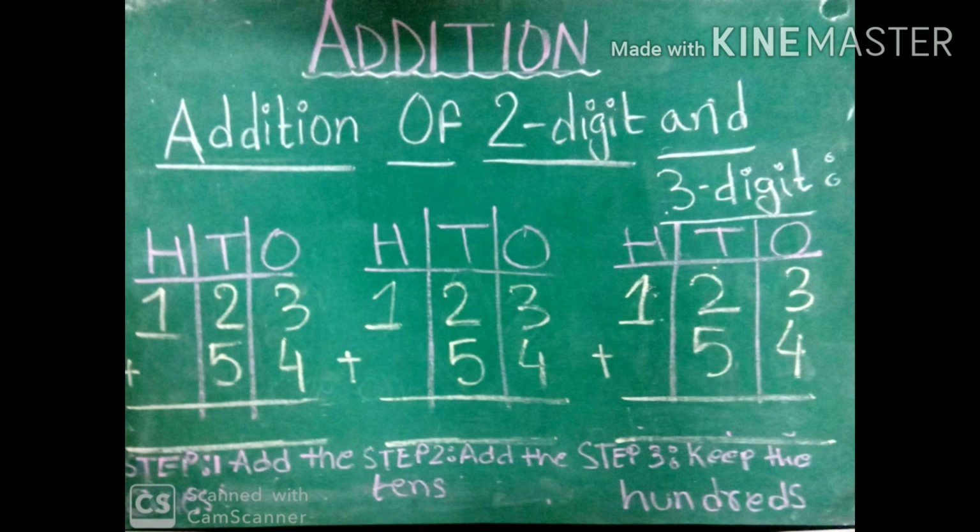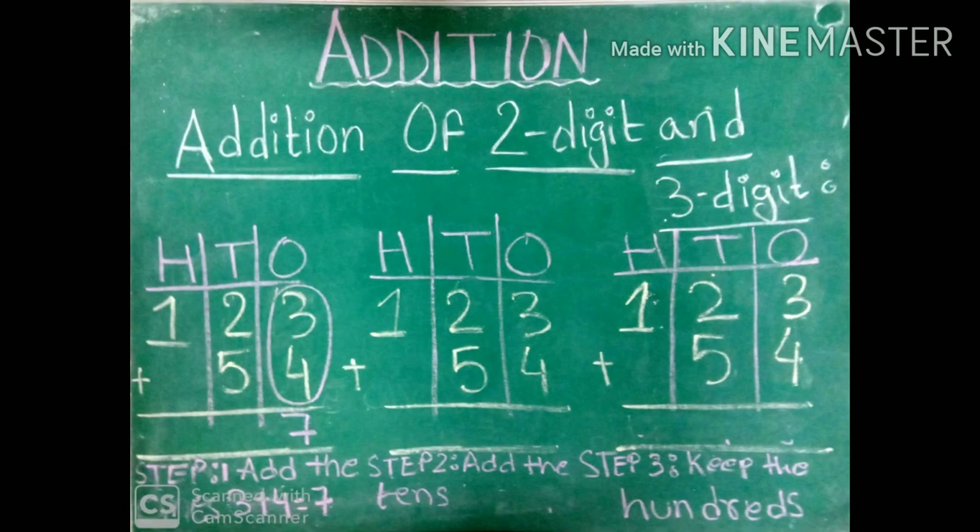Let's see one more example. Again, I have divided this into 3 steps. Step number 1 is add the ones. That means 3 plus 4 gives us 7.